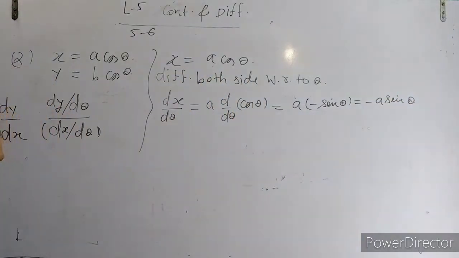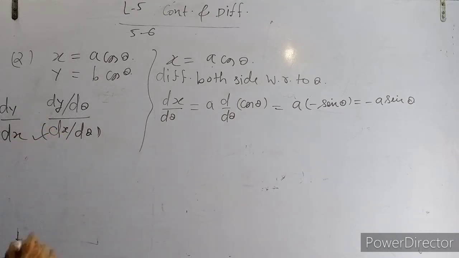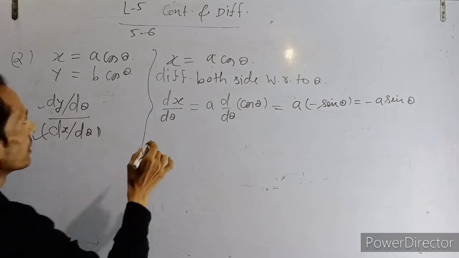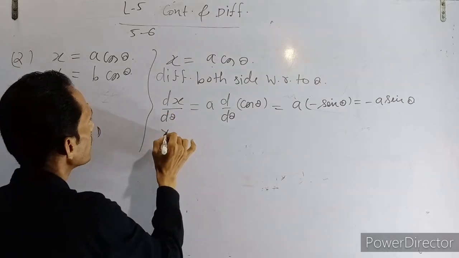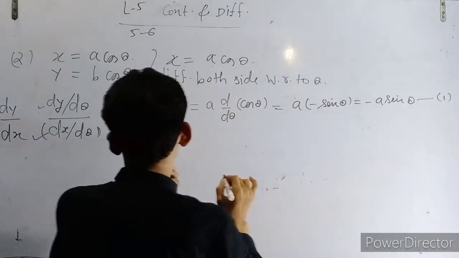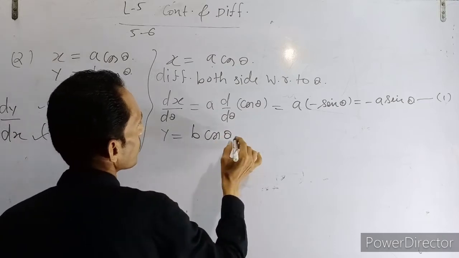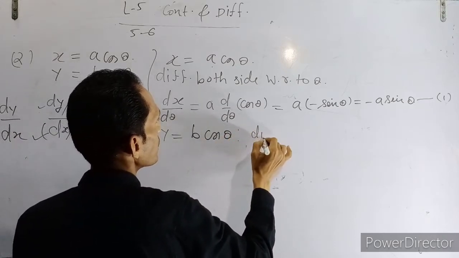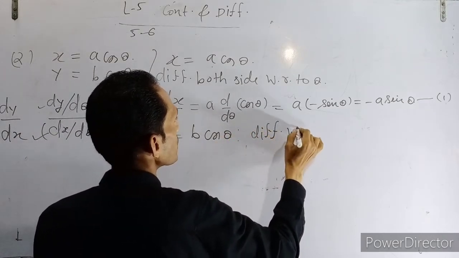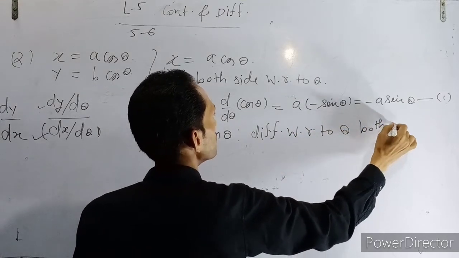Similarly, the first you have already obtained. Now come to the second, dy by d theta. How can we find it? You are given y equal to b cos theta, equation number 1. Now, in the same way, differentiate with respect to theta on both sides.